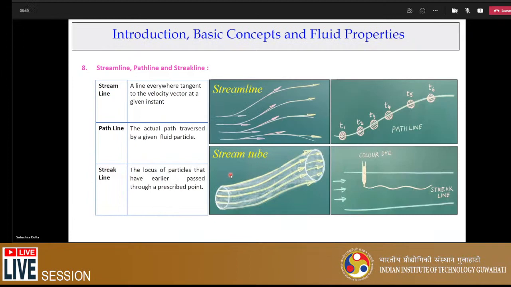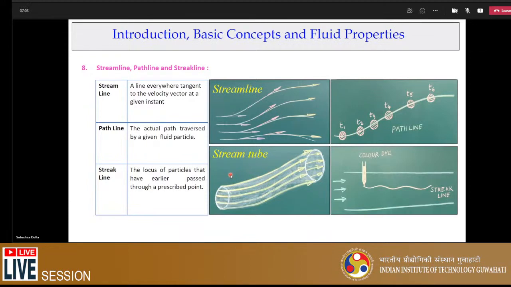These are the basic definitions of streamlines, path lines, and streak lines. Please remember, a streamline is a line everywhere tangent to the velocity vector at a given time instant. So for a streamline I'm talking about a particular time instance.